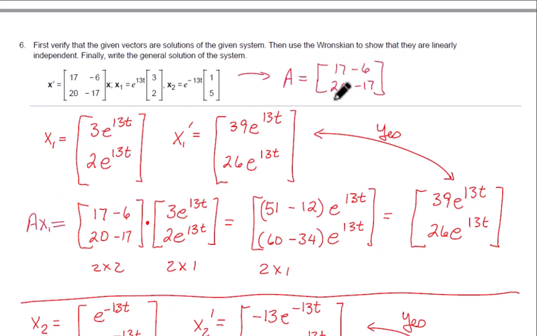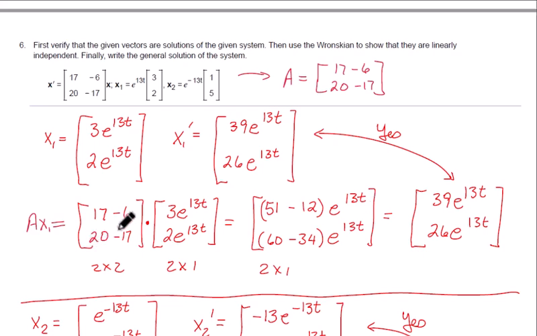So here's A, there's A. Here it is, x1. The multiplication makes sense because the inside parts do match. So let's see, first row, first column. I'd have 17 times 3, which is 51, minus 12, and they both have this e to the 13t.